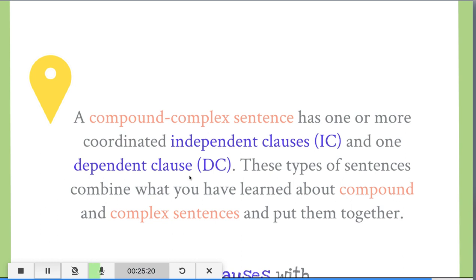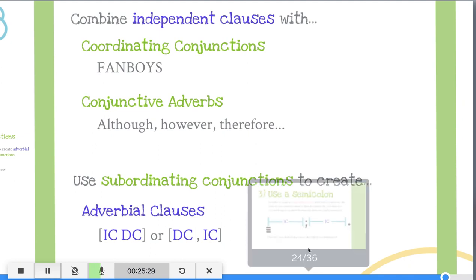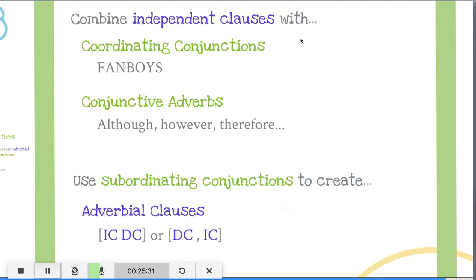So different types of sentences to combine what you've learned about compound-complex. So putting it all together, like we talked about. So independent clauses, right? We have the choice of using fanboys or conjunctive adverbs, which I call hot mamas, right? And you can also use subordinating conjunctions, right? The independent clause or the dependent clause, comma, independent clause.